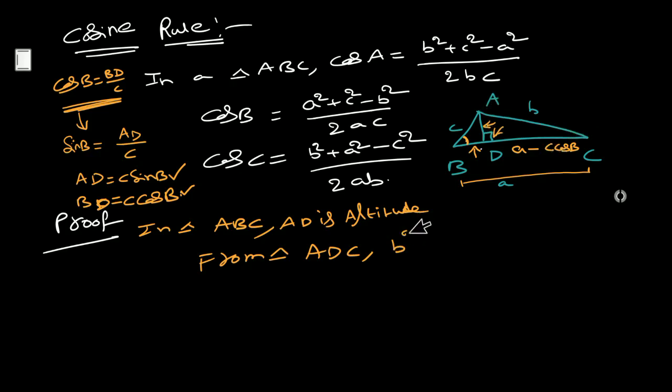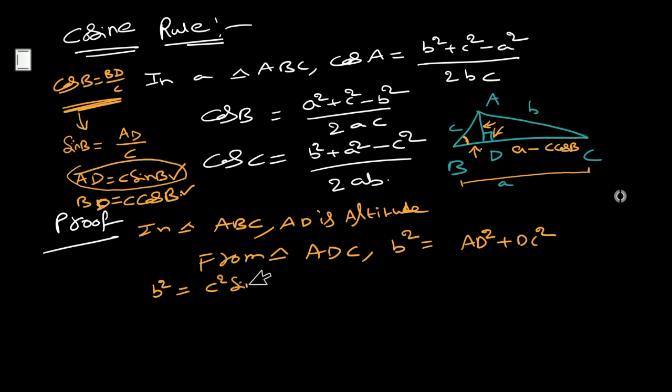So we can write B square equals AD square plus DC square. AD square means we can write C square sin square B, plus DC square, which means A minus C cos B whole square.